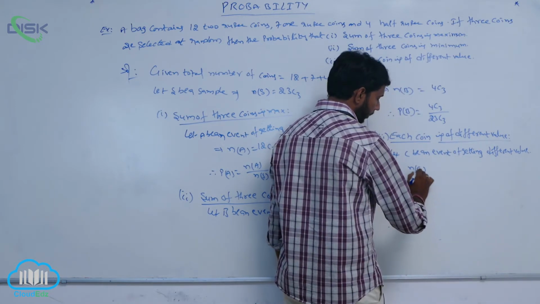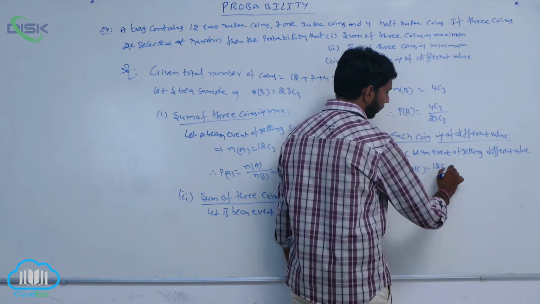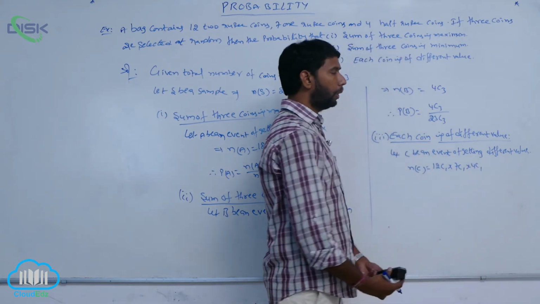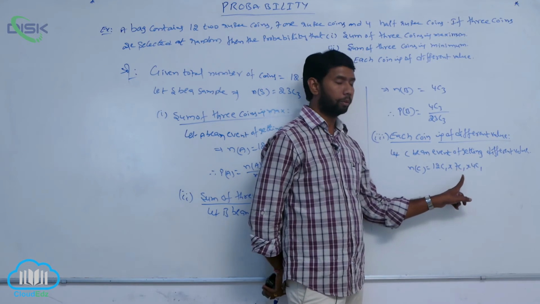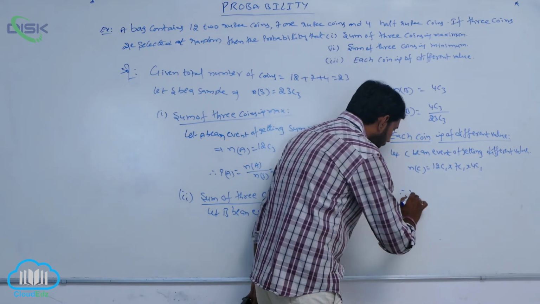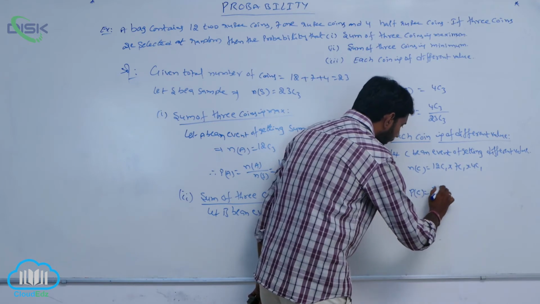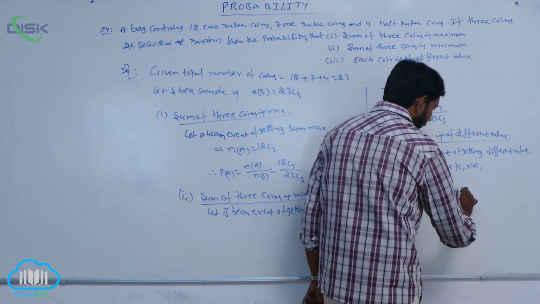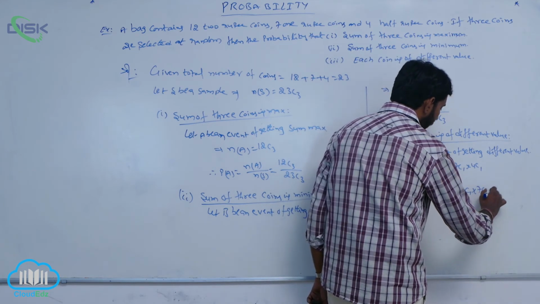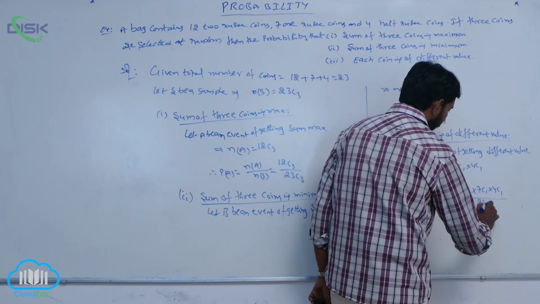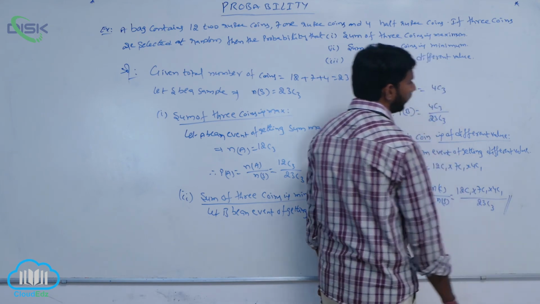That is n(C) is equal to 12C1 into 7C1 into 4C1, that is one 2-rupee coin, one 1-rupee coin and one half-rupee coin. Therefore, P(C) is equal to n(C) by n(S), that is equal to 12C1 into 7C1 into 4C1 by 23C3.